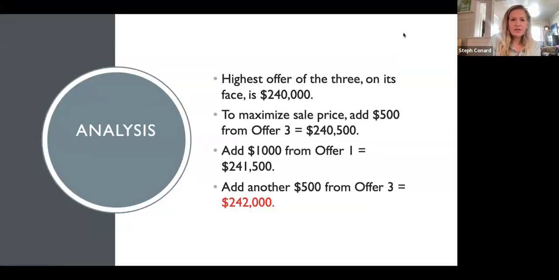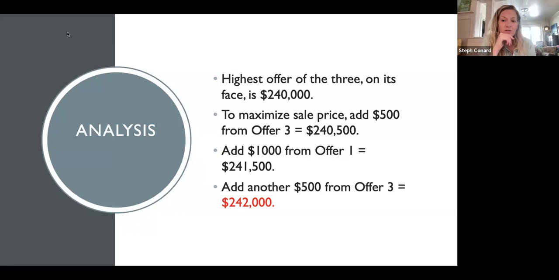I think we got these again directly from Corey or Carol on these ones. But the highest offer of the three on its face is 240,000. To maximize the sale price, we would take the $500 from offer three to get an offer price of 240,500.